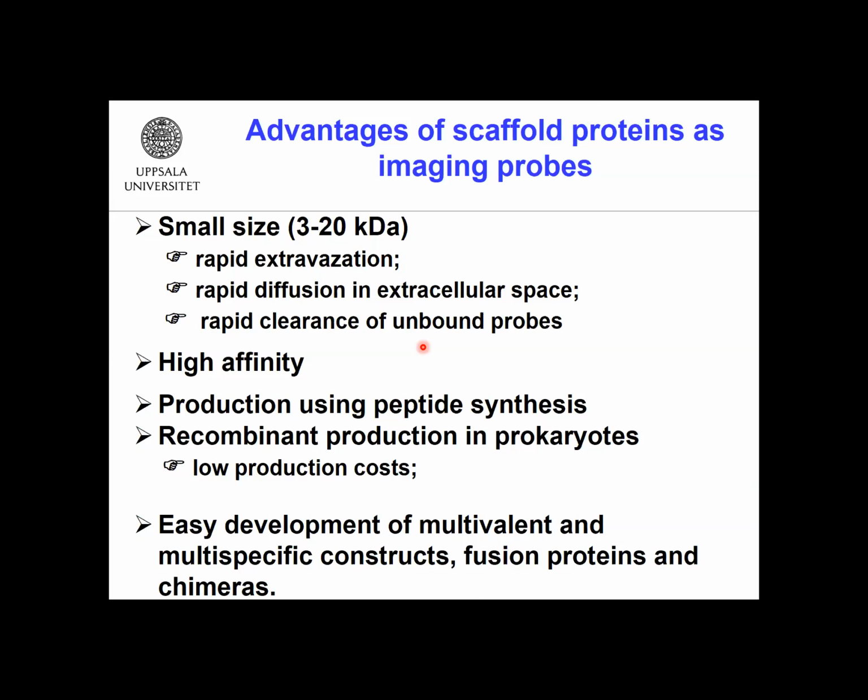And the lower the value of the dissociation constant, the stronger the binding. So typically, scaffold proteins have affinity from a few picomolar to 10 nanomolar. And for comparison, a good therapeutic antibody has affinity in the same range.